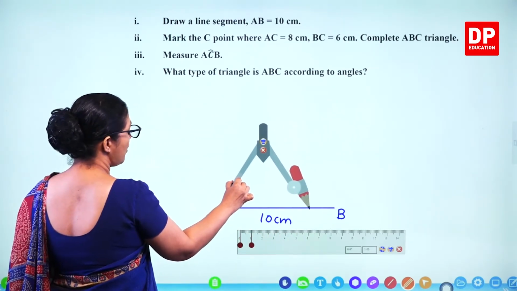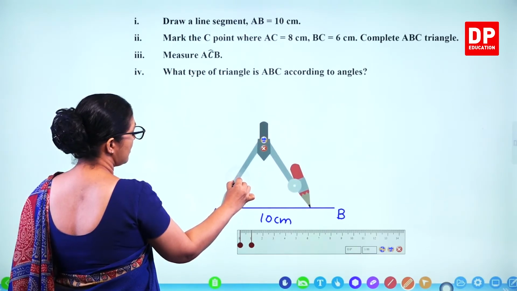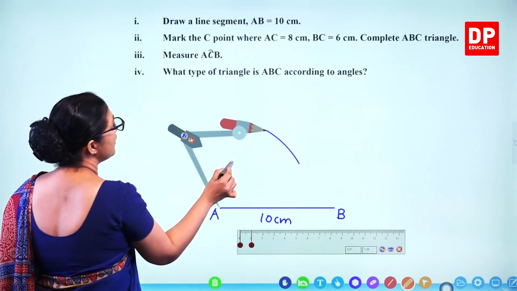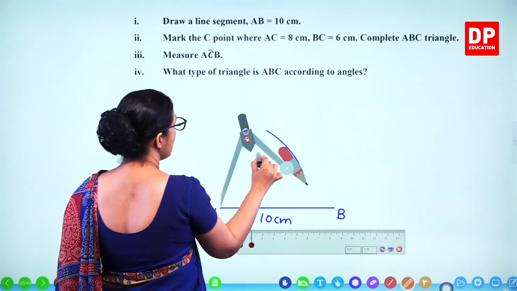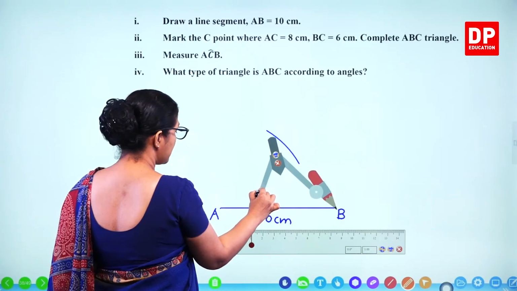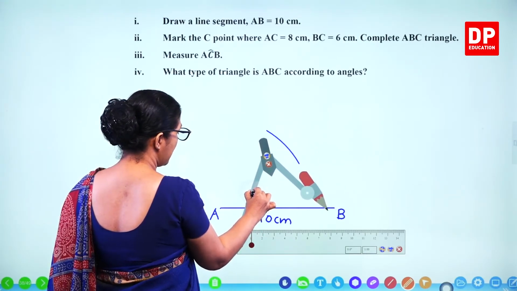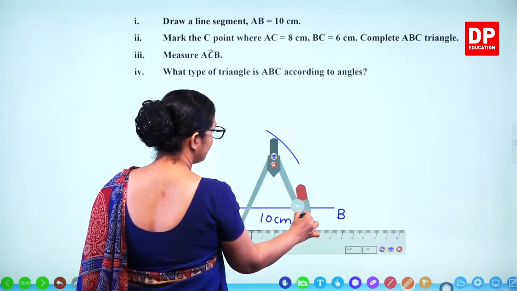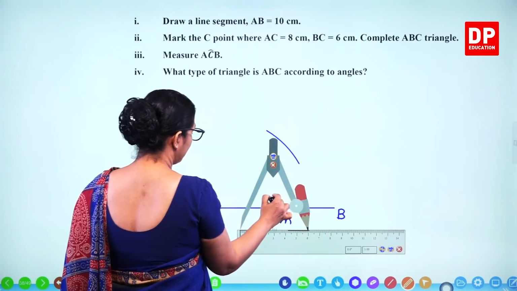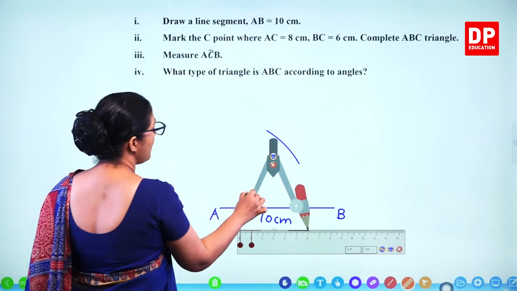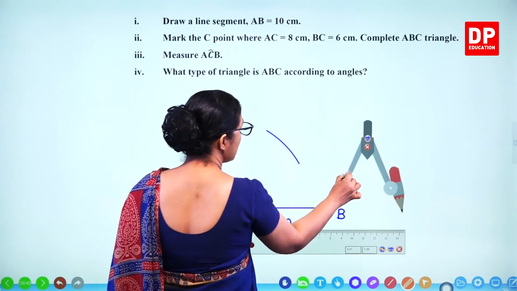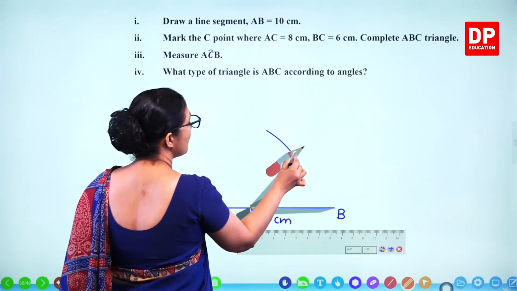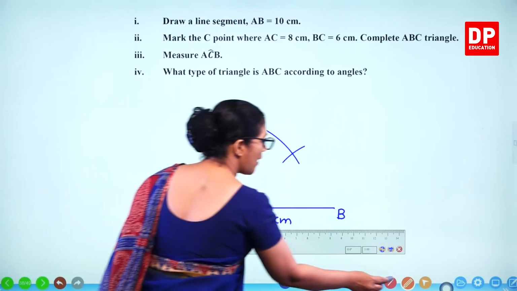AC, so you keep it on A and draw the arc. Then BC is 6, so you take 6 centimeter length, and then BC. Now we have the C point.